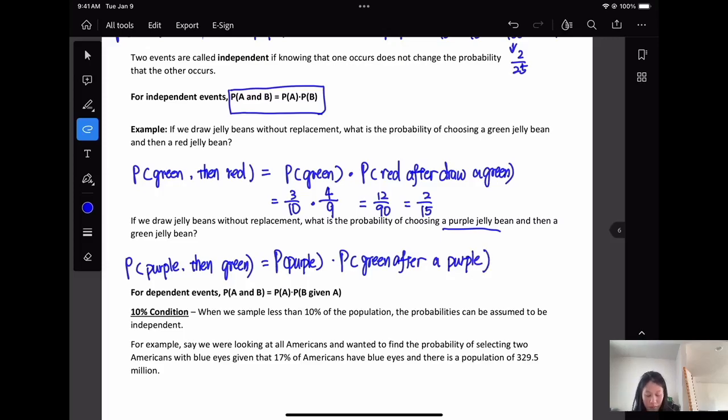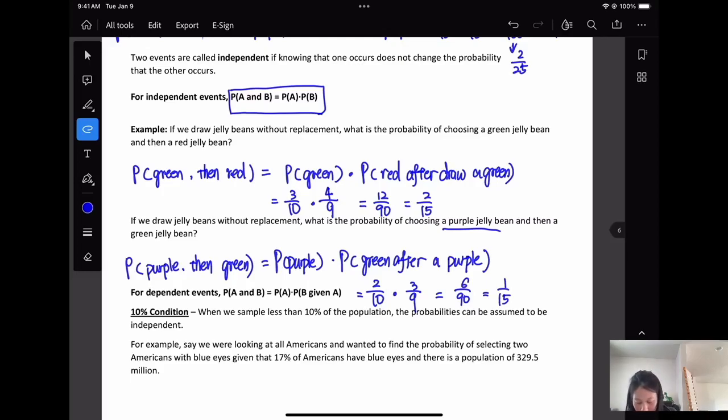For the purple jelly bean, you have 2 out of a total of 10. And then we multiply by the number of green beans out of the rest of the beans, which is 9. So in here we have 6 out of 90. Simplify, we have 1/15.